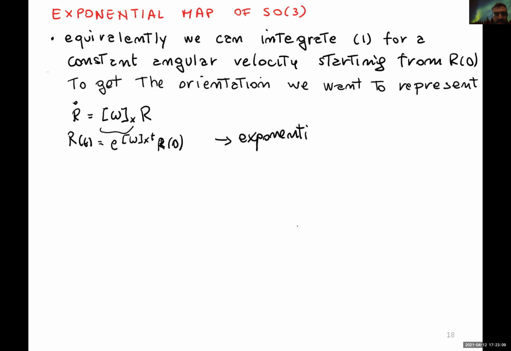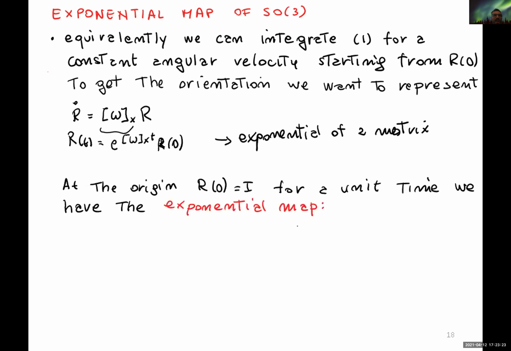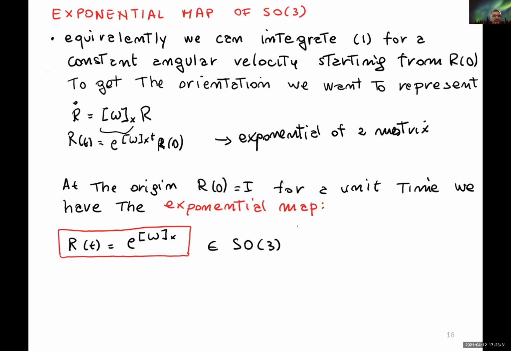In MATLAB, it is represented by the function exp_m. And if we set the initial orientation as identity for a unit time, we have what people call the exponential map. So if you do exp_m of a vector omega, you get really a rotation matrix. So you get a matrix that satisfies the properties of orthonormality, so it belongs to the group SO3.